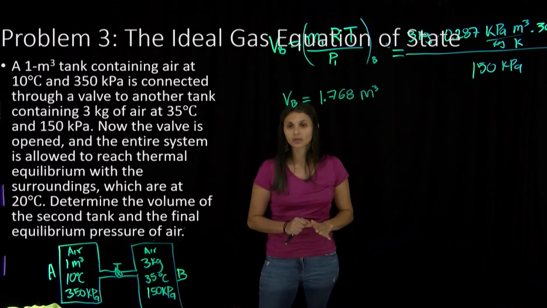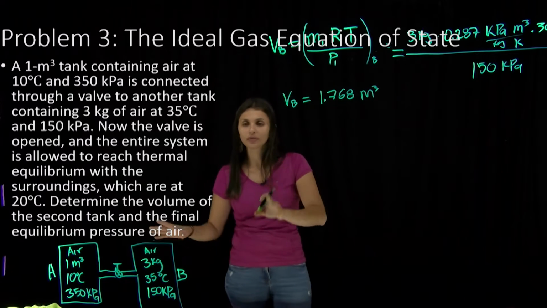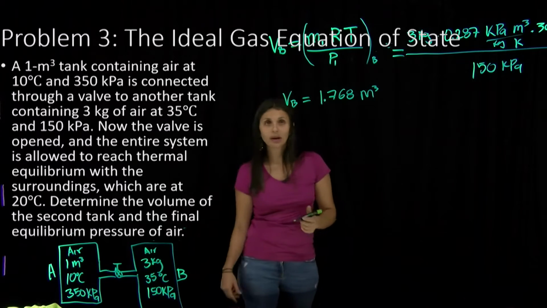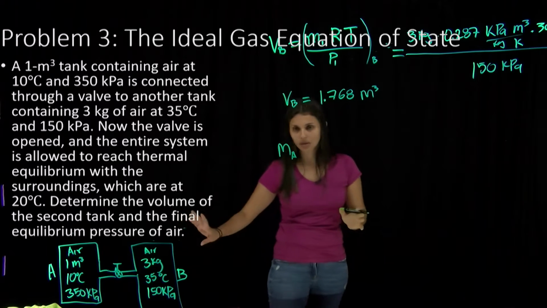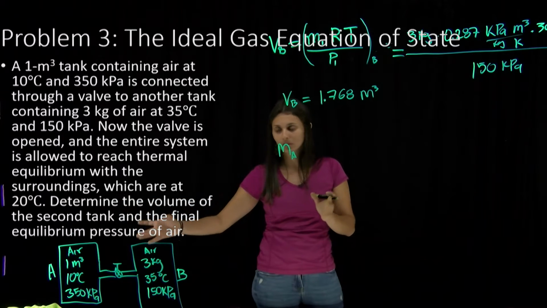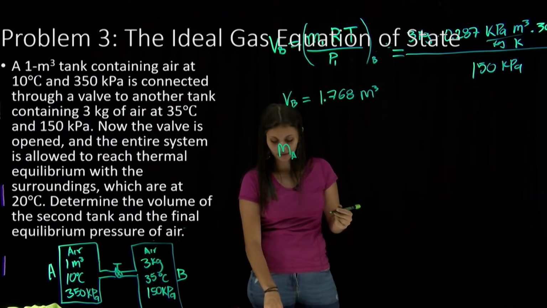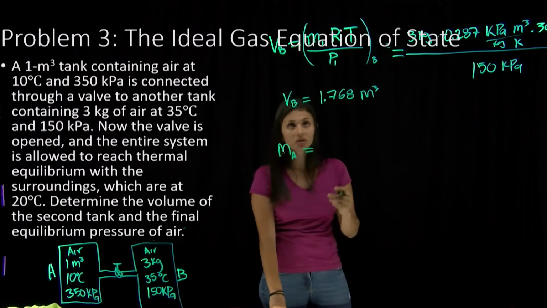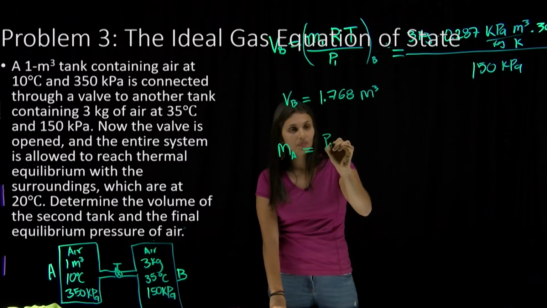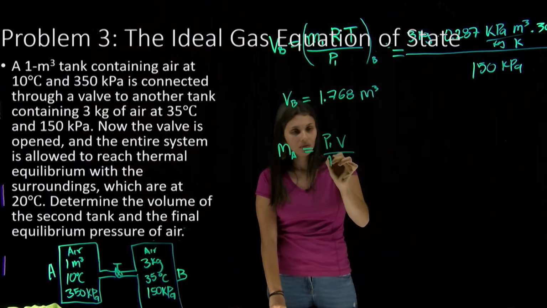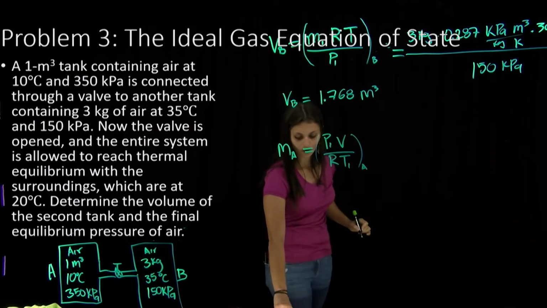We can also determine the mass of the first tank using the same approach. The mass of air contained in tank A at the initial state will equal, using the ideal gas equation, P1 V1 over R T1. All of this is for tank A, right?